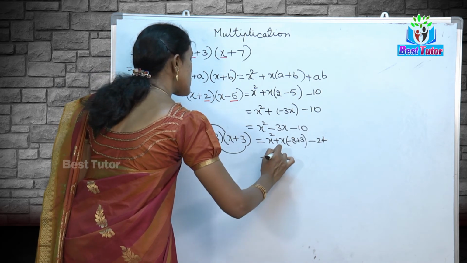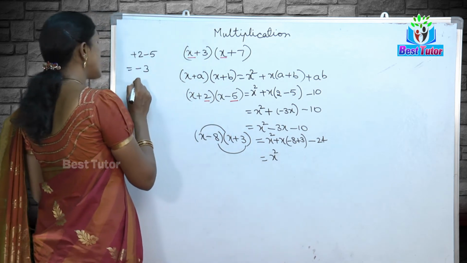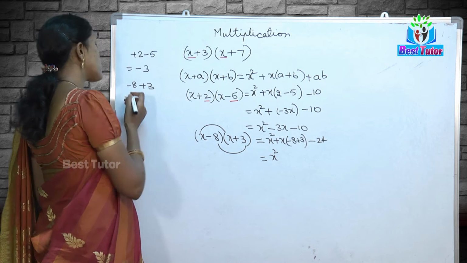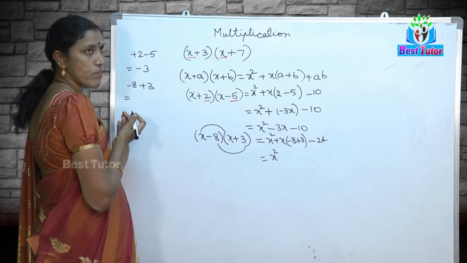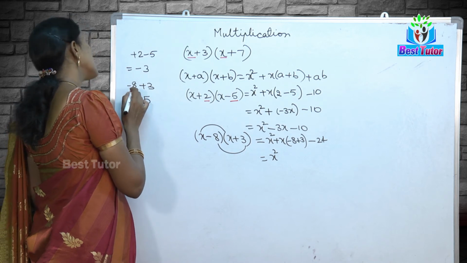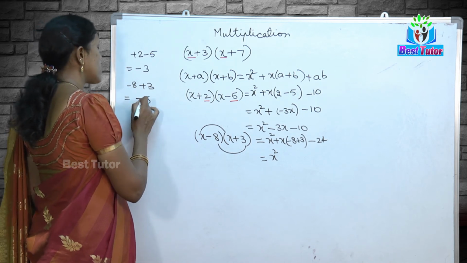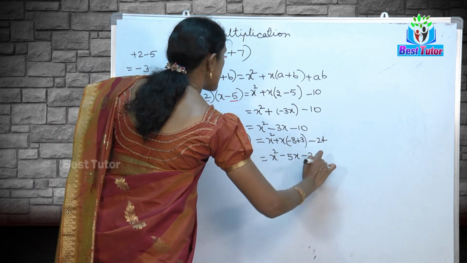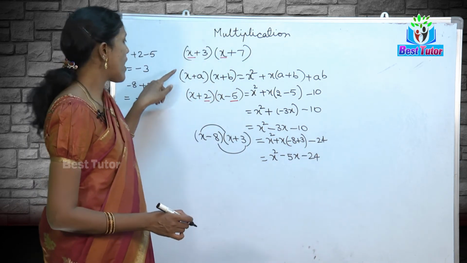So it's going to be x square, minus 8 plus 3. We need to be careful about this. Two numbers with opposite symbols, we need to subtract. 8 minus 3 is 5 and the bigger number is 8, so it carries minus 5x minus 24. Okay, so we have applied this formula.